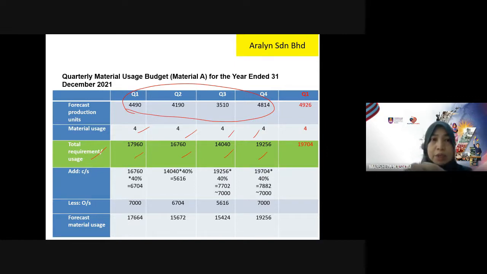So for the material usage budget, up to here is enough. But for learning purposes, you can proceed until forecast material purchase. This is not usage actually, it is purchase. Forecast quantity of material to be purchased. This part is actually the forecast quantity of material to be purchased.